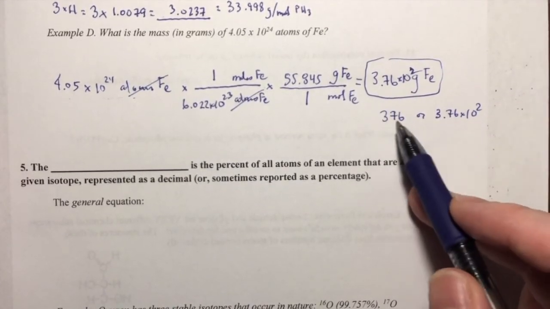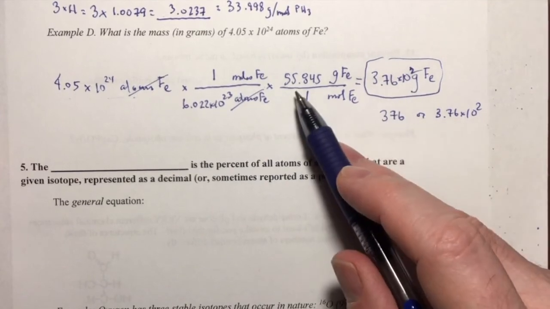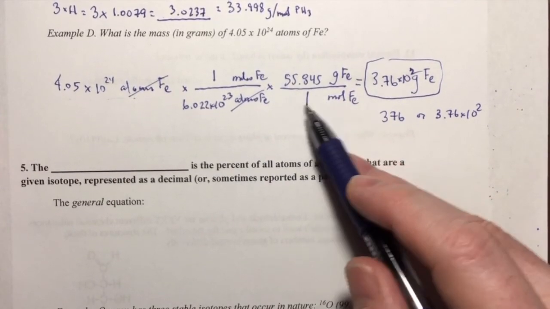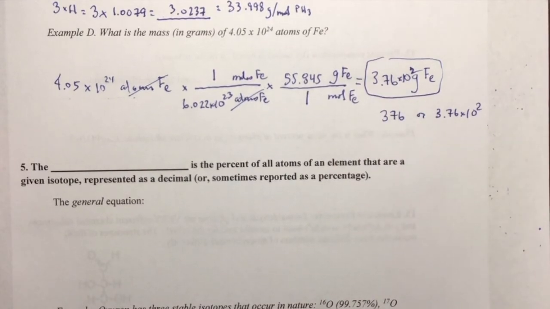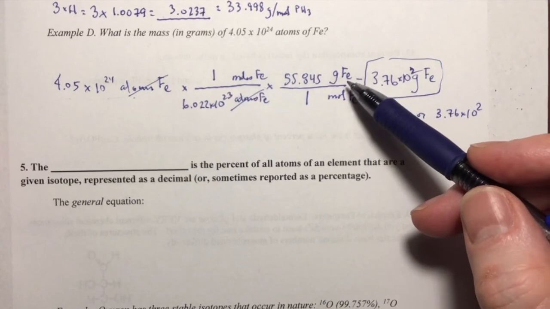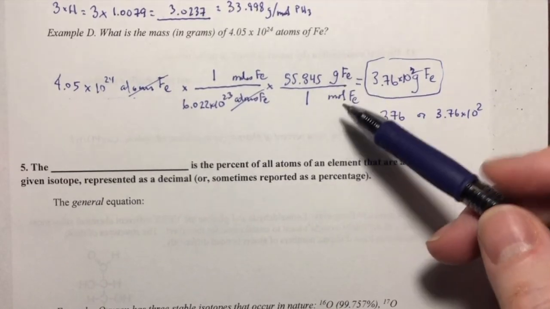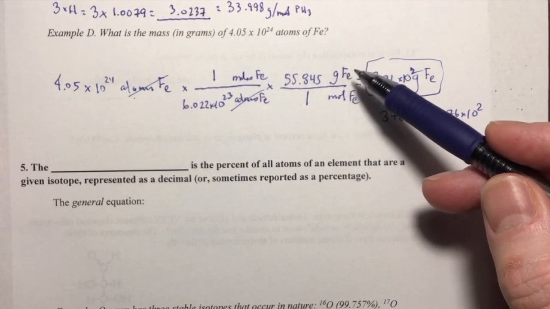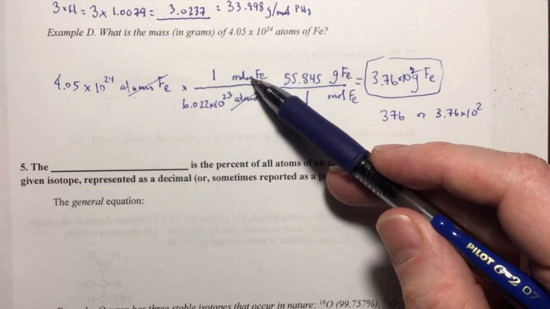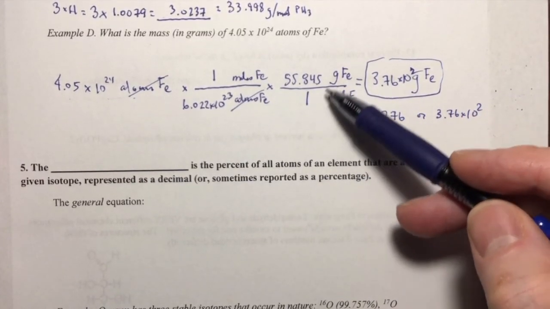Yes, because 376 is significantly larger than what 1 mole weighs, and we know that we've got more than 1 mole, so that's good. And that's how we use molar masses for conversions between grams to moles or moles to grams. Sometimes you will need to get into moles in order to be able to use the molar mass conversions.